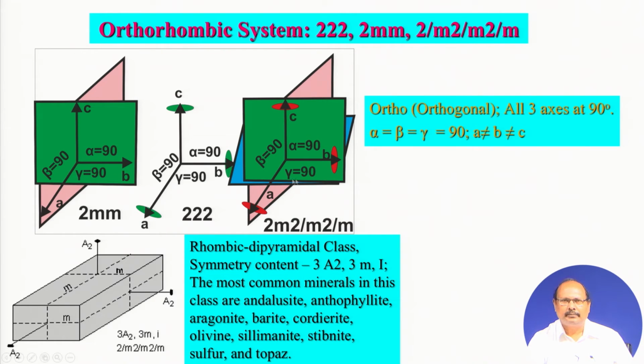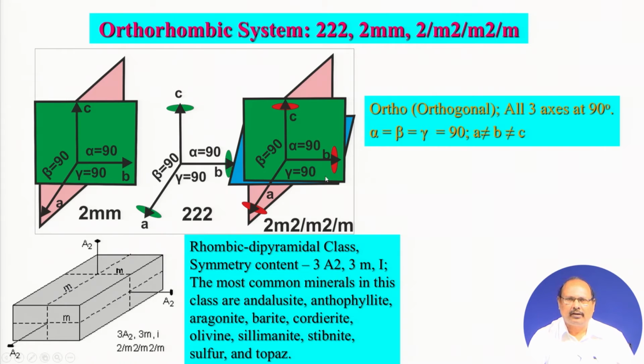This is the blue plane, perpendicular to the vertical two-fold axis of symmetry, which is also the C crystallographic axis. And with respect to this horizontal two-fold axis, this green plane is the mirror plane or vertical mirror plane here, whereas with respect to this dyad, this particular plane is perpendicular to it here.